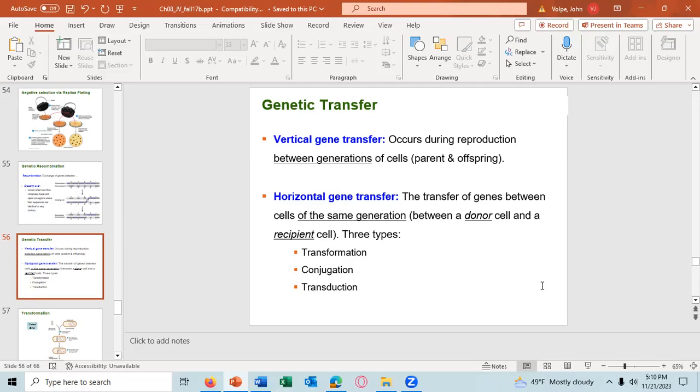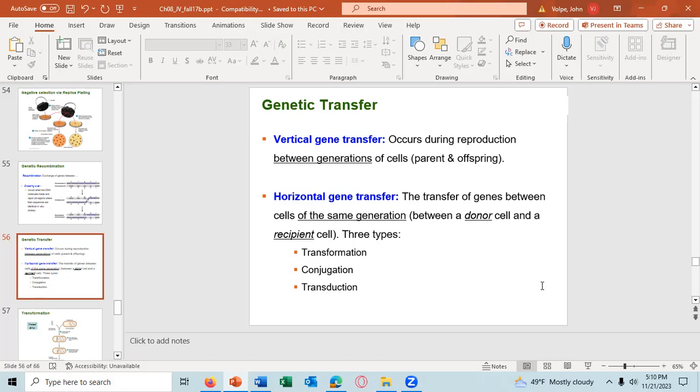Horizontal gene transfer is the transfer of genes between cells of the same generation, where DNA comes out of a donor cell and then it's taken up by another cell that we call the recipient cell. There are three types of horizontal gene transfer. There's transformation, conjugation, and transduction.